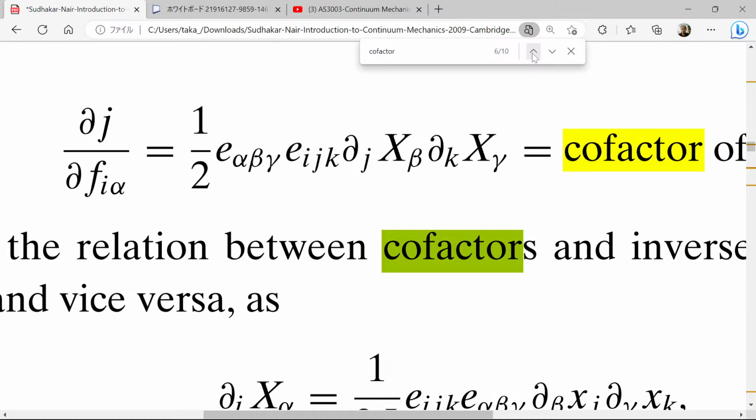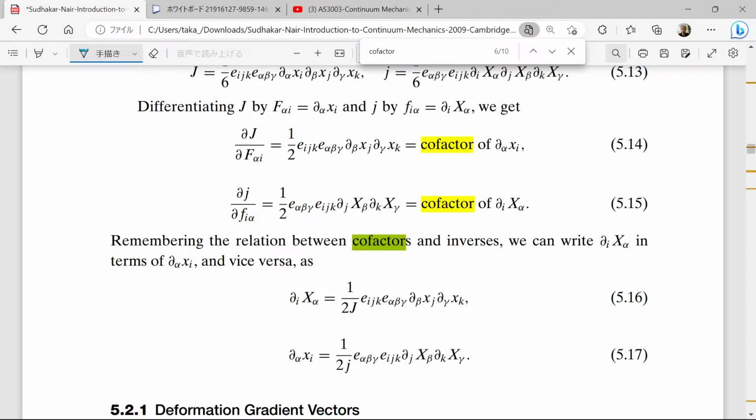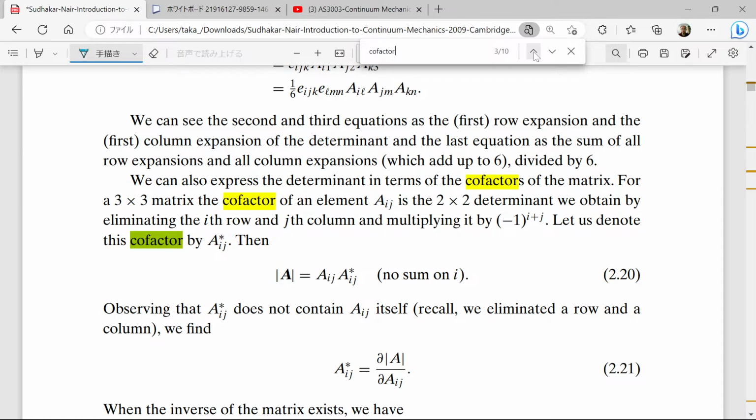This is a cofactor of something. Cofactor includes sign. Okay.